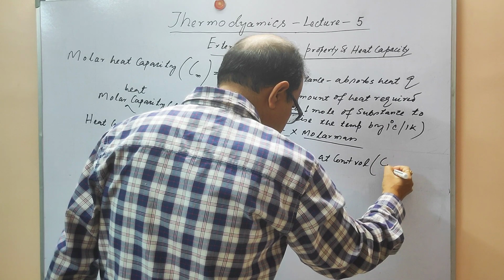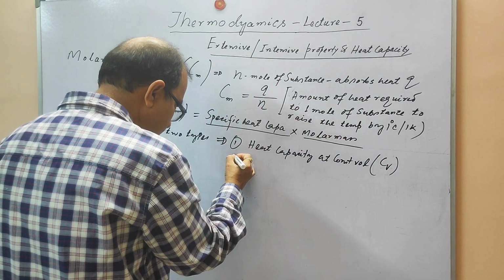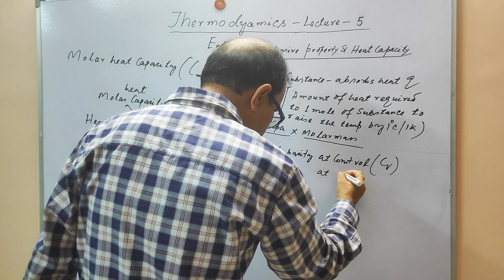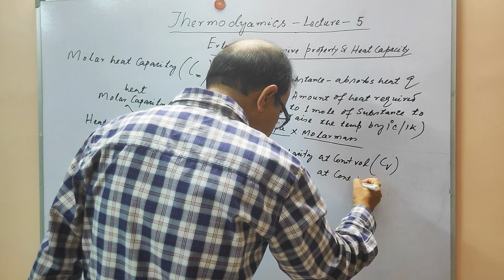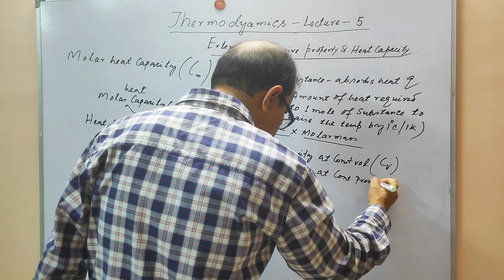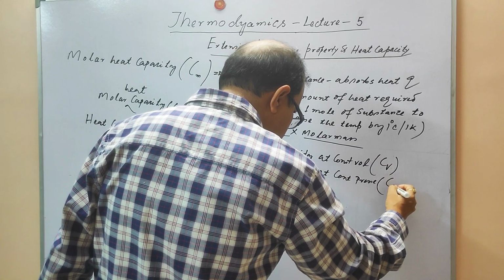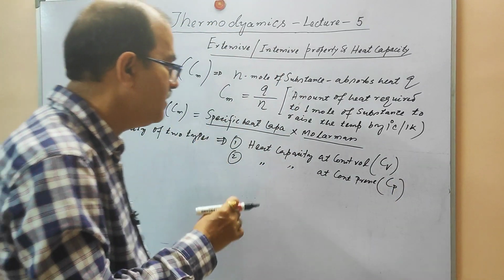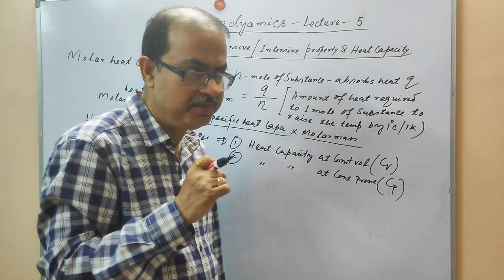This is called CV. Another, heat capacity at constant pressure. This is called CP. Heat capacity at constant volume and heat capacity at constant pressure.